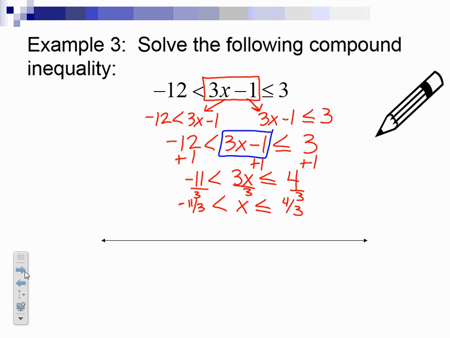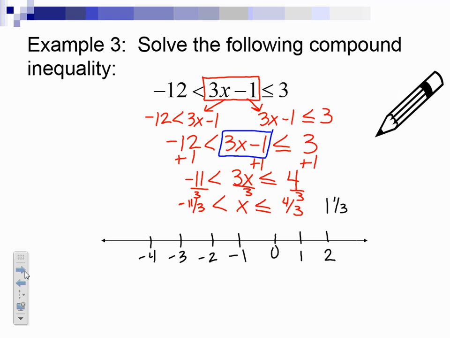So on the number line, I'm going to need to put these values on there. 4/3 is the same thing as 1 1/3. So I'm going to need to think about putting some numbers on there. These are my integer values, okay?